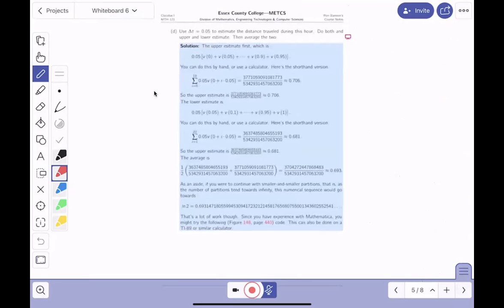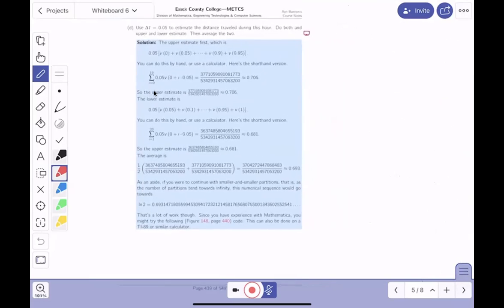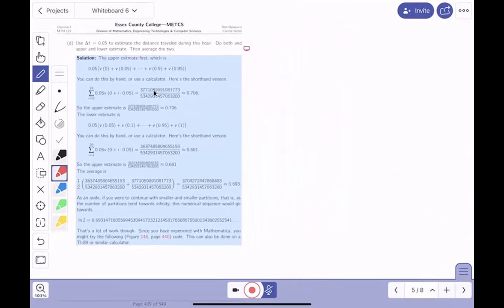Now, granted, I really can't draw this picture over here, but I want to point out I'm still going to be doing these right and left endpoints. So I'm going to put that down for you now. We're going to talk about the left endpoint. Well, the base of those things is 0.05.